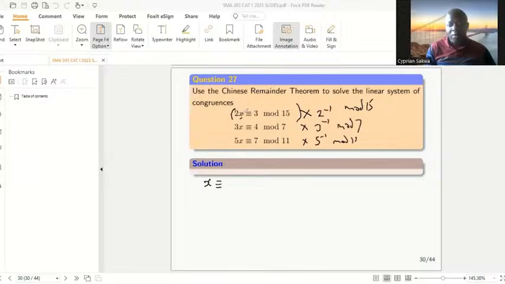Since 8 is the inverse of 2, 8 times 2 gives me 1. What about 8 times 3? 8 times 3 would be 24. 15 into 24, the remainder would be 9.